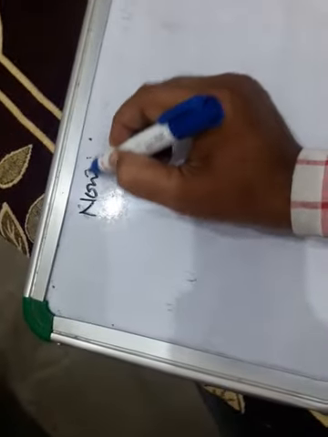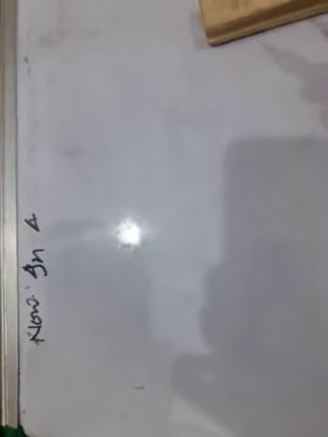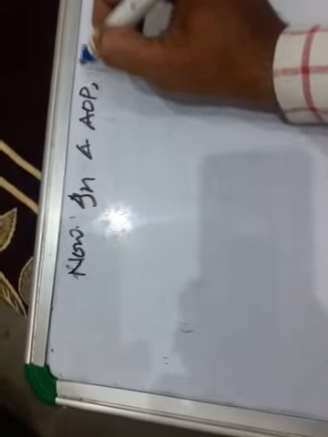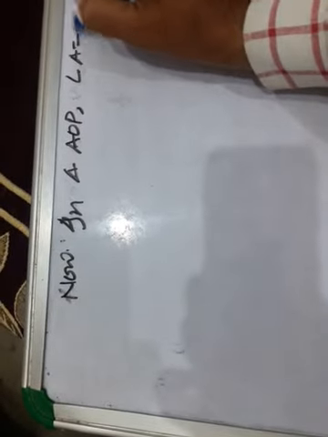Now in the right triangle, triangle AOP, angle A equals 90 degrees, right?